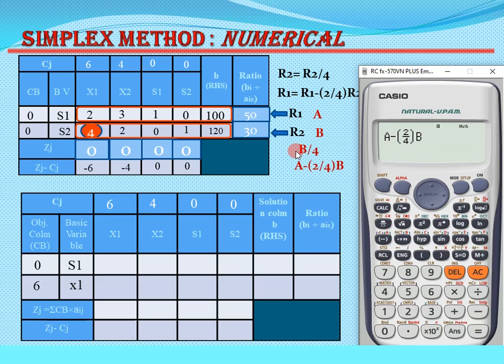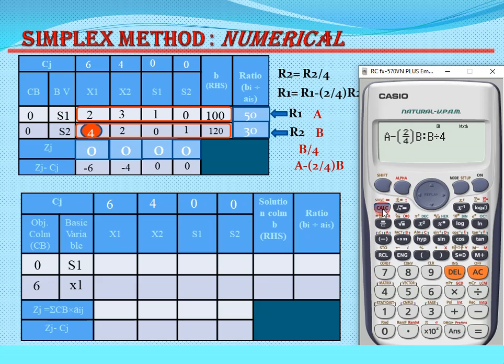Now to define the equation for the second row, we first press the colon sign: Alpha colon, then B/4. So press Alpha B again, then divided by 4. In this way, these two equations are defined in the calculator.